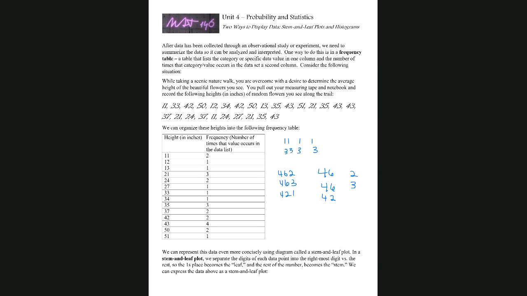Once we break up all these numbers, we're going to put the value on the left behind a long vertical bar, and we're going to call that the stem. Then I'm going to attach the leaves that go with each stem.